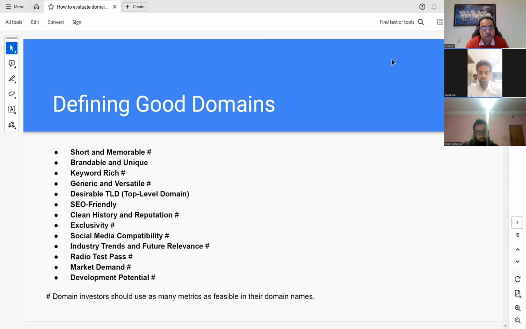What are good domains? And we will also take some examples of domains from Rahul Jain as well. Today we have Rahul Jain with us. We will take 5 or 10 domains of his to check out these parameters.